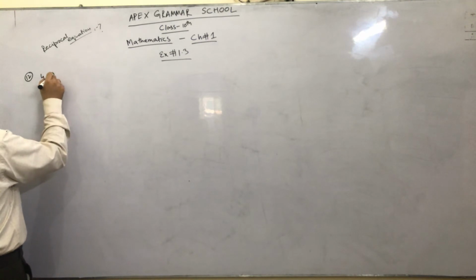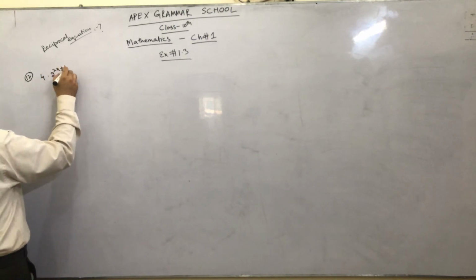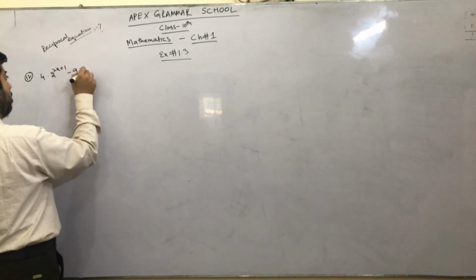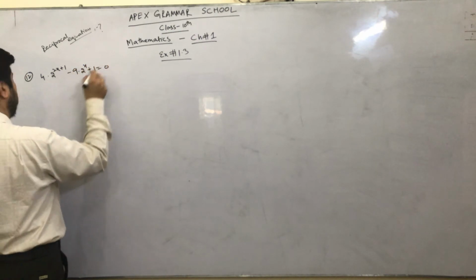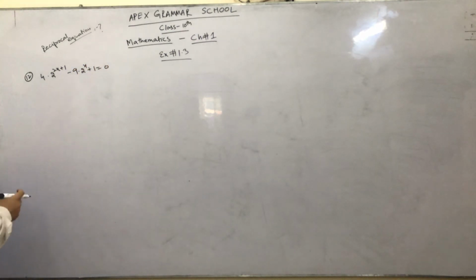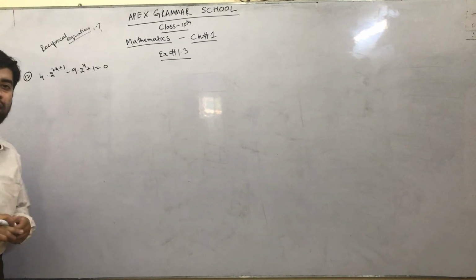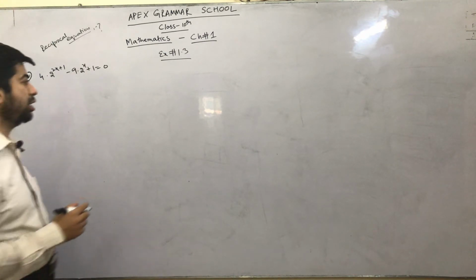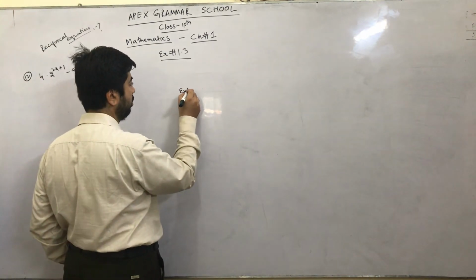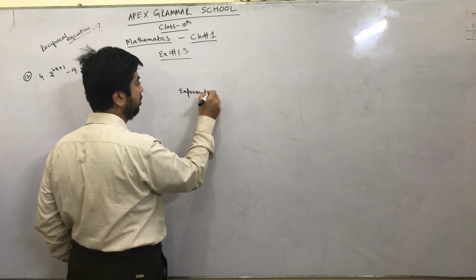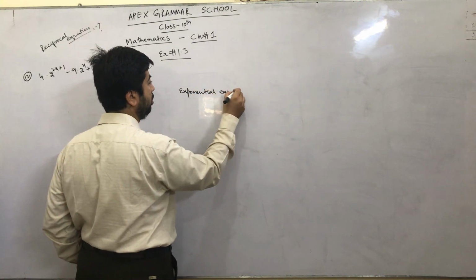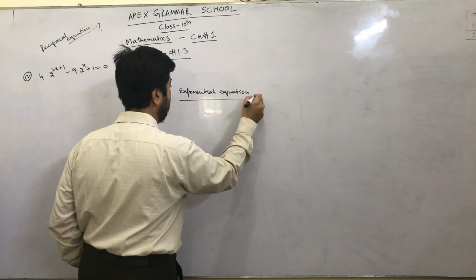Four multiplied by 2 raised power 2x plus 1 minus 9 multiplied by 2 raised power x plus 1 is equal to 0. First we have to clear the concept about exponential equation. What is an exponential equation?